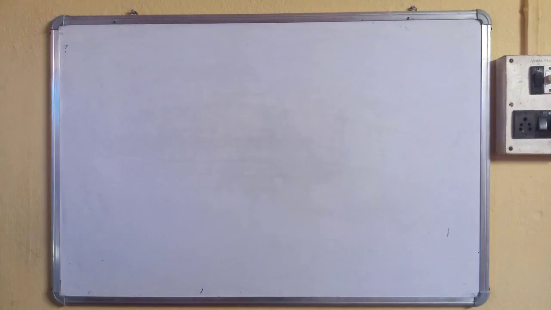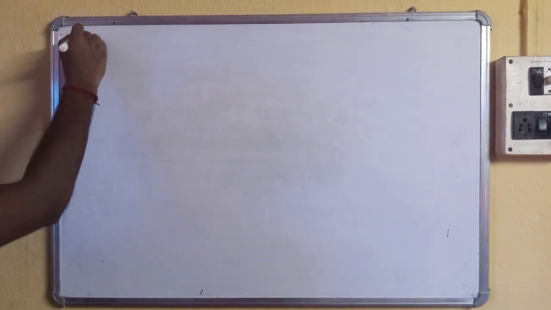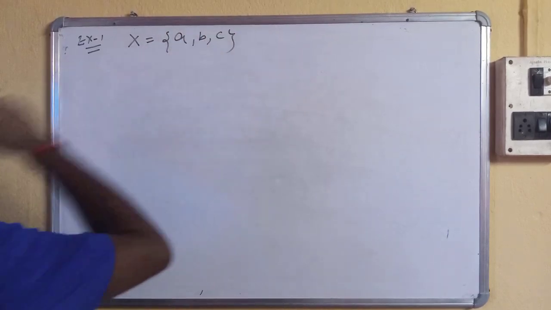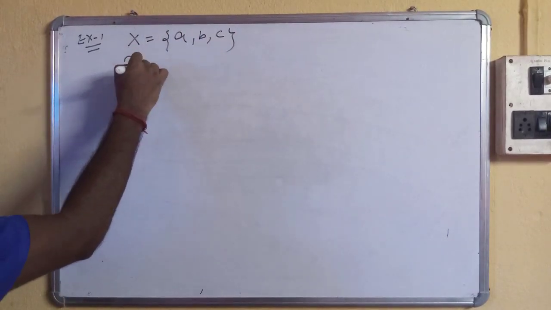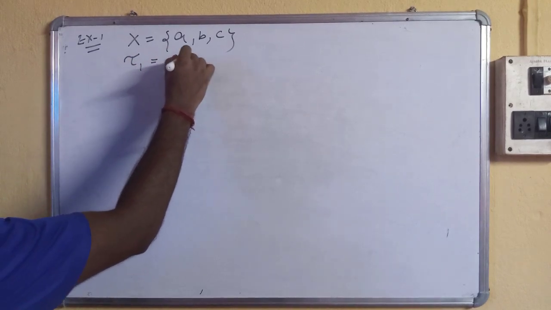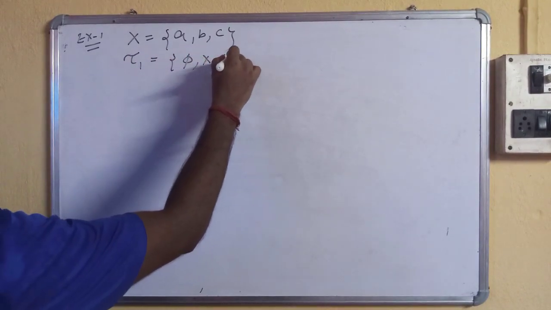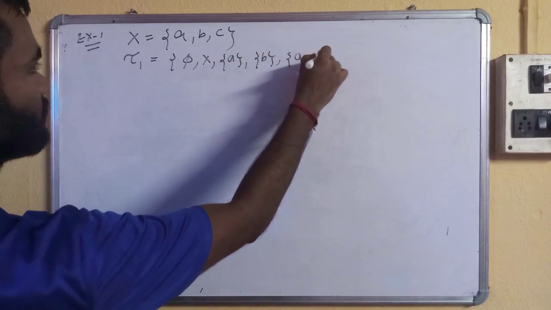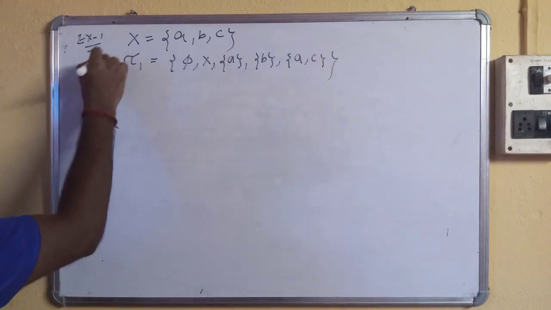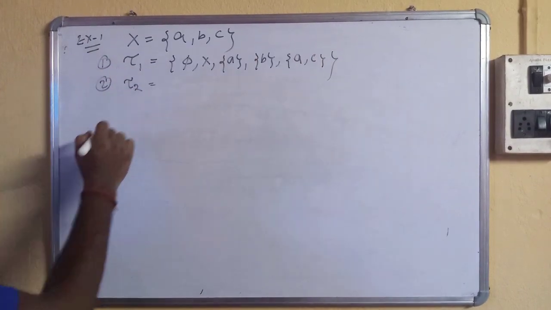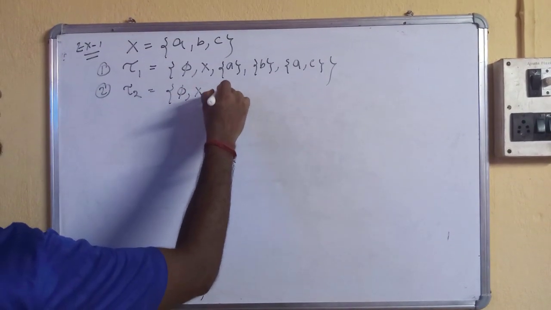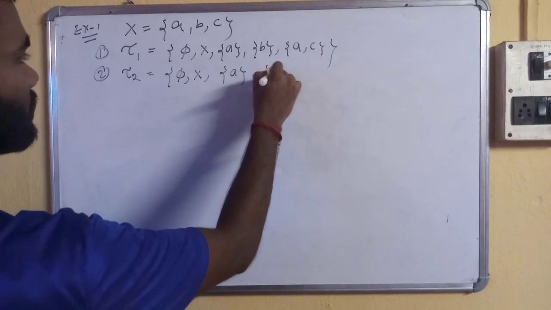Okay. Now see some examples. Say X is given by {a, b, c} and topology tau 1 is given as phi, X, singleton a, singleton b and {a, c}. This is number 1. Number 2, tau 2 is given by phi, X, singleton a, singleton c.